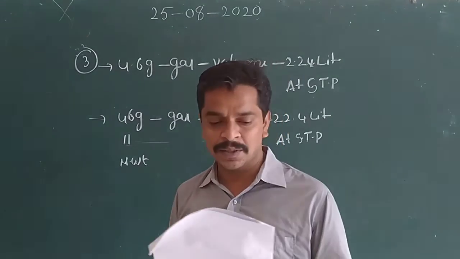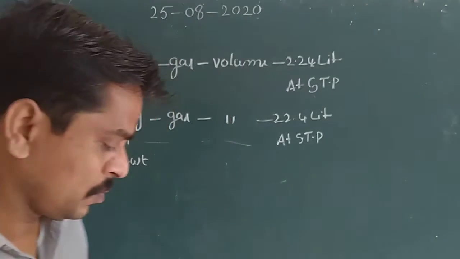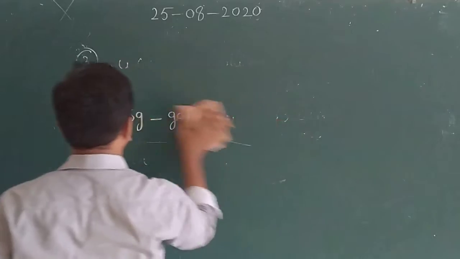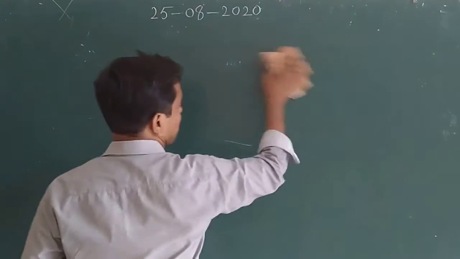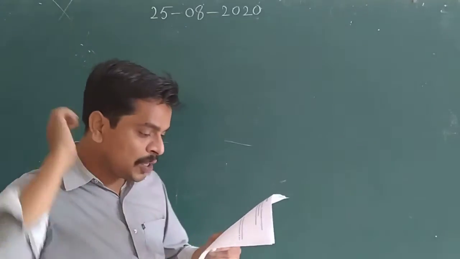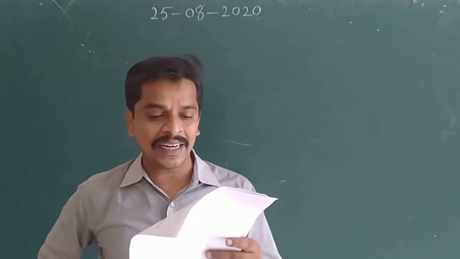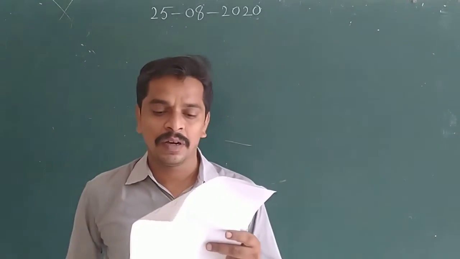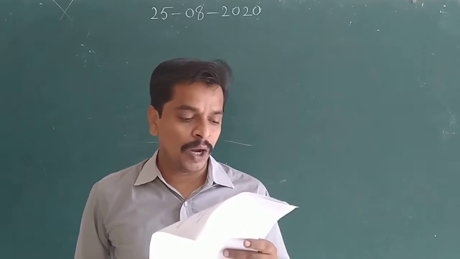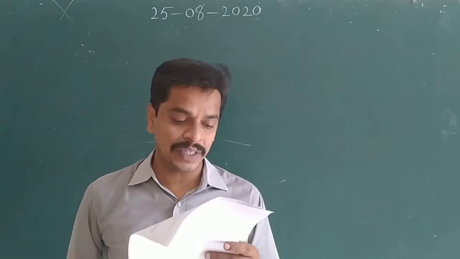And next, students, question number 4. So listen, if the absolute temperature of an ideal gas becomes double, the pressure becomes half, what should the volume be, he is asking, students.